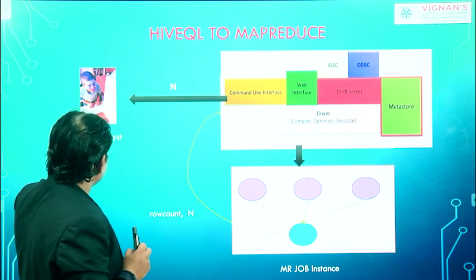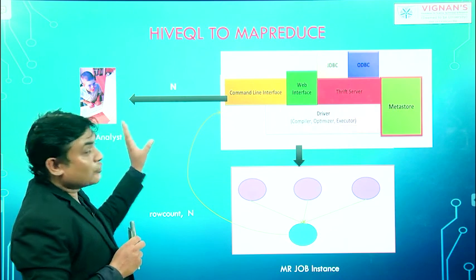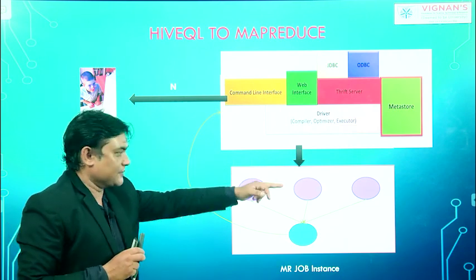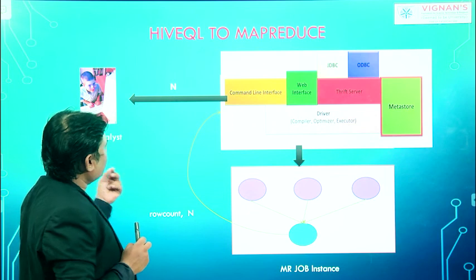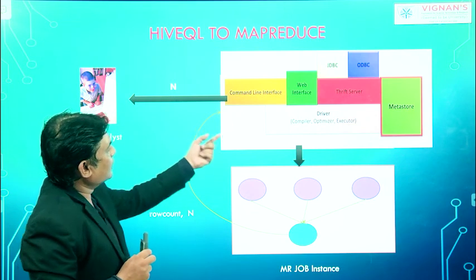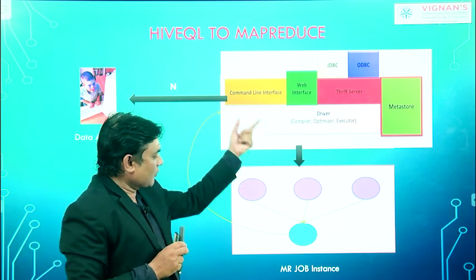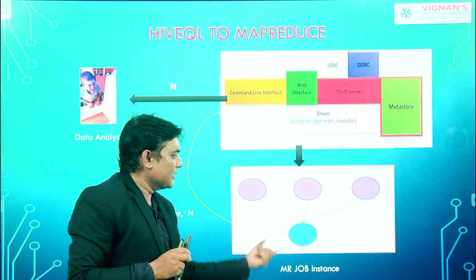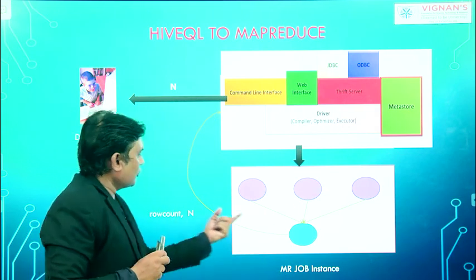Once you give the query, the query is converted into MapReduce programs. Once you provide the queries, they go to Hive, and from Hive to the MapReduce programs, and from there you get the results.